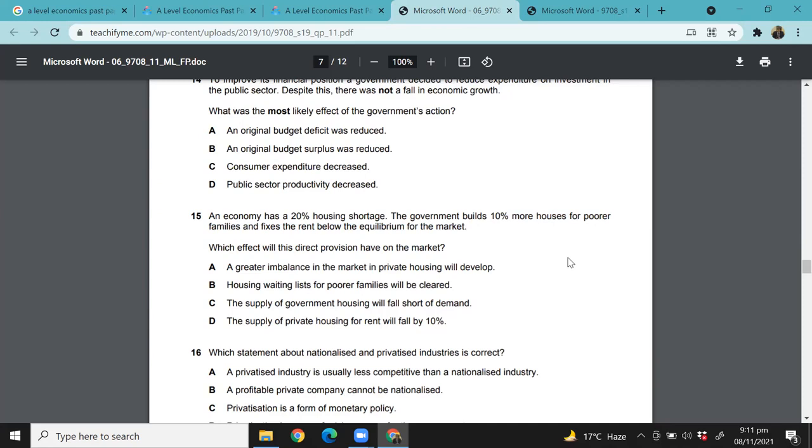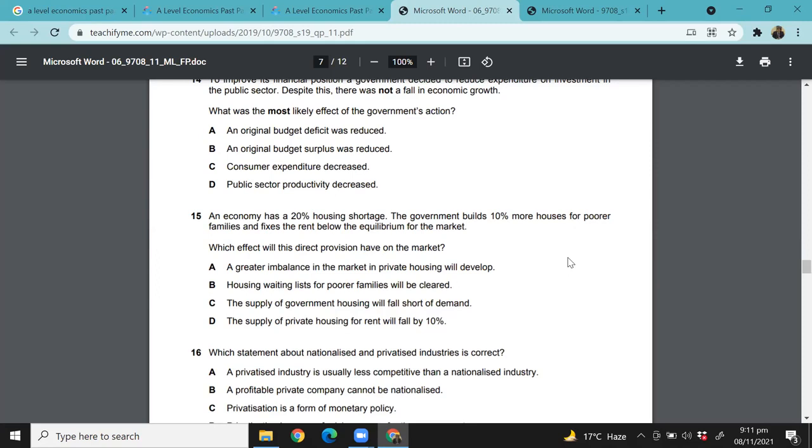Which effect will this direct provision have on the market? A greater imbalance in the market. Housing waiting list for poor families will be cleared. The supply of government housing will fall short of demand, and the supply of private housing for rent will fall by 10%. Below the equilibrium for the market.